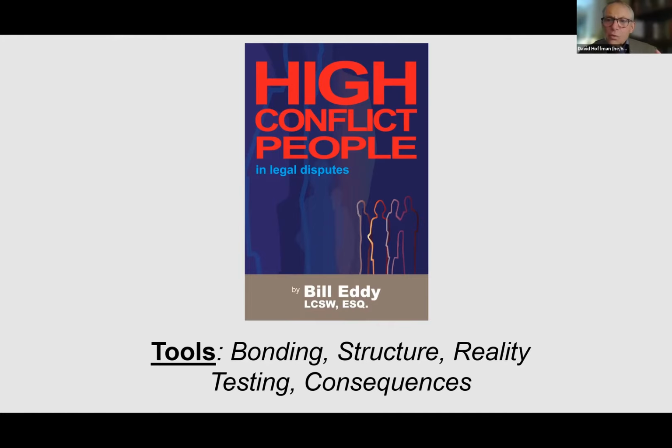Rather than specifying which particular disorder, he just lumps them together and says, these are high conflict people. They find themselves chronically in one conflict after another. And he offers a variety of tools under 4 different headings: bonding, structure, reality testing, and consequences, that he found useful in working with people who fit that description.